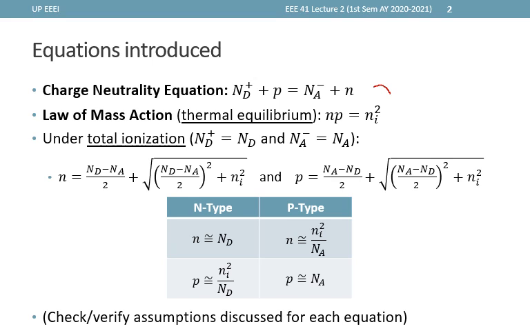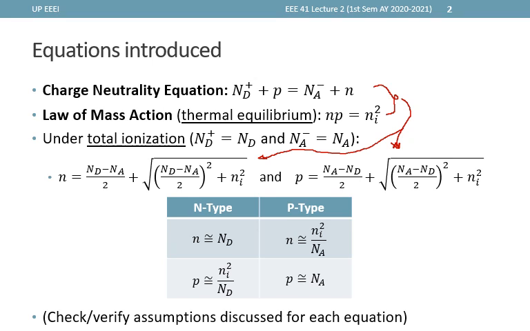Now, if we combine these two equations and assume as well that total ionization is true, so we just convert Nd plus to Nd and Na minus to Na, then we'll end up with these two equations here. These two equations can be used to calculate the carrier concentrations given the doping concentrations and the intrinsic carrier concentration.